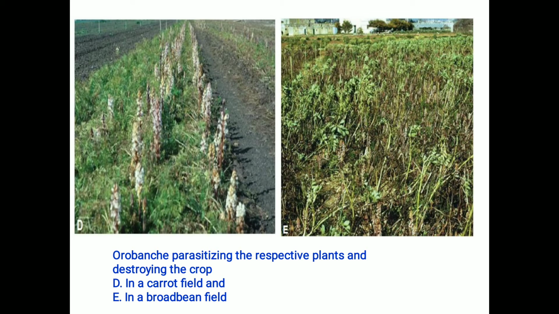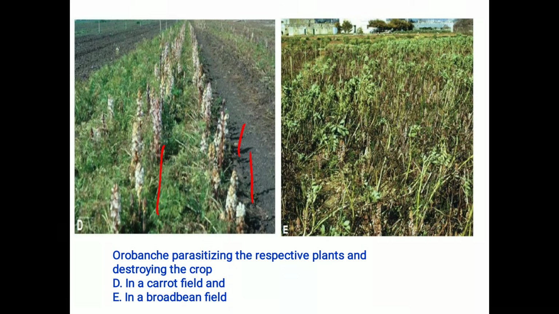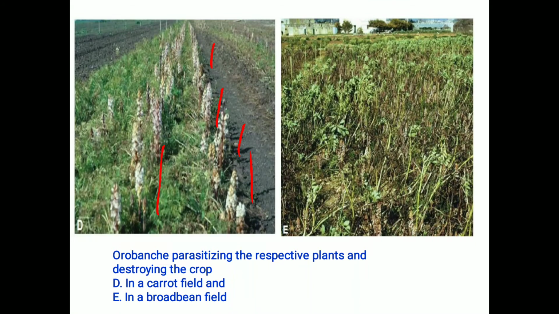So this is the infected portion, called Orobanche or broom rape. Here the whitish flowers structure, and the picture indicates the symptoms produced on the host plant due to the infection of broom rape.